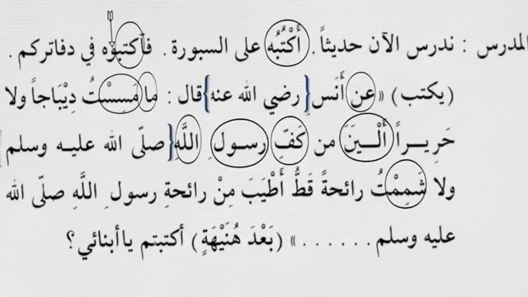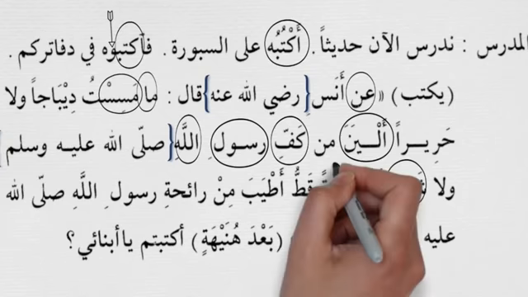I have never smelled an aroma better, purer or fresher, to compare, than the aroma of Rasulullah sallallahu alayhi wasallam. So ma masistu dibajan wala hariran alyana min kaffi Rasulillahi sallallahu alayhi wasallam wala shamimtu ra'ihatan qattu atyaba min ra'ihati Rasulillahi sallallahu alayhi wasallam. Subhanallah, we should be able to understand completely now.